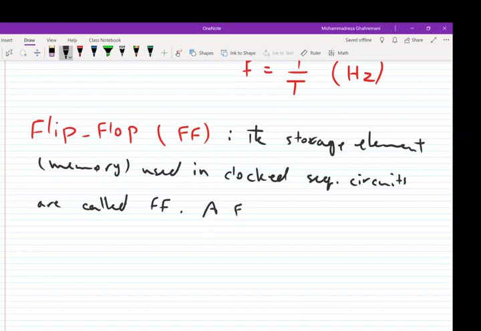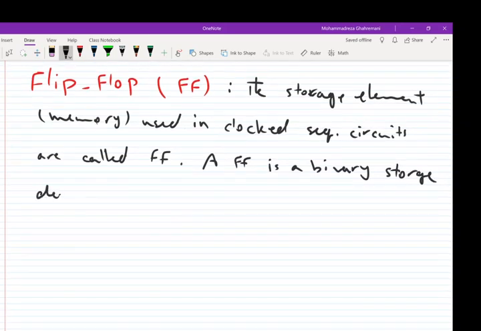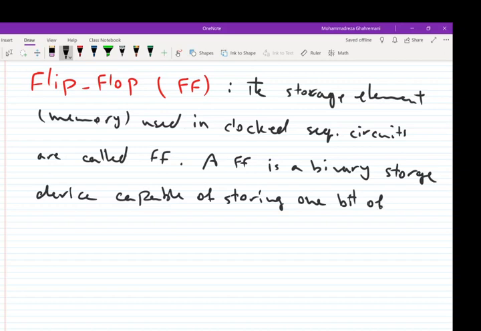A flip-flop is a binary storage device capable of storing one bit of information.